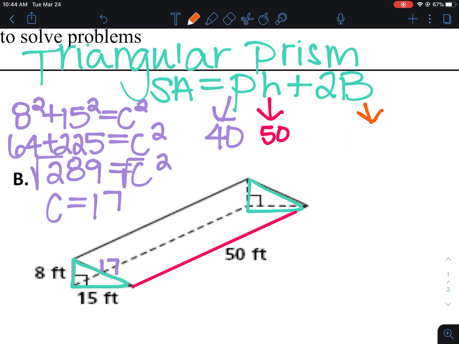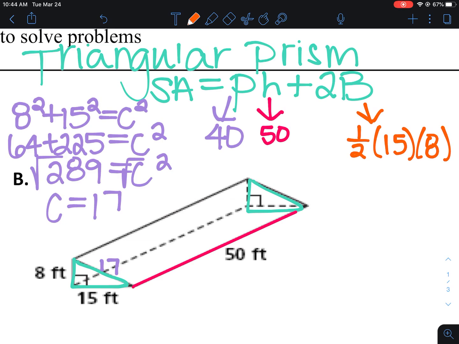Remember, the area of a triangle is 1/2. The base of the triangle in this case would be 15. The height of that triangle is 8. So I want to remind you, because this is where people get kind of confused, whenever you're trying to find this capital B, the area of the base, then your mind has to switch to 2D. All the stuff we did last chapter, right?